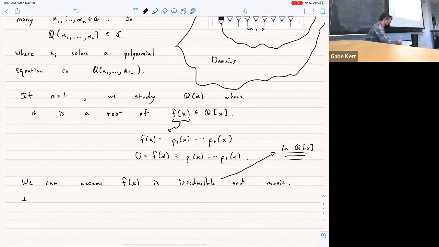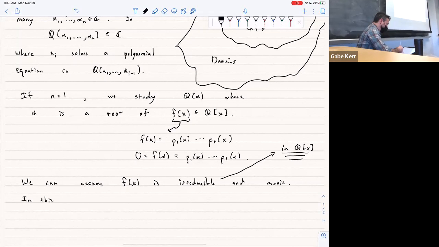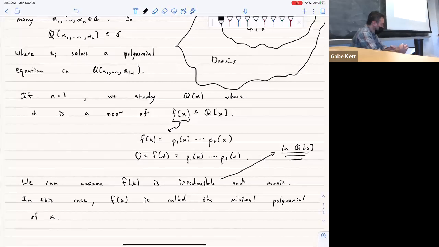So in this case, f of x is called the minimal polynomial of alpha, and Arden calls it the irreducible polynomial.